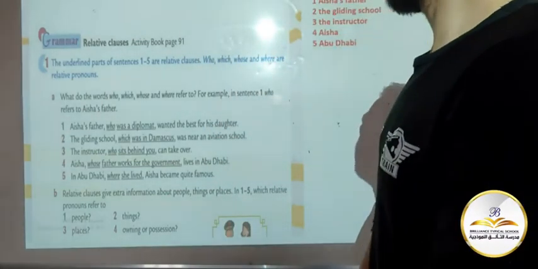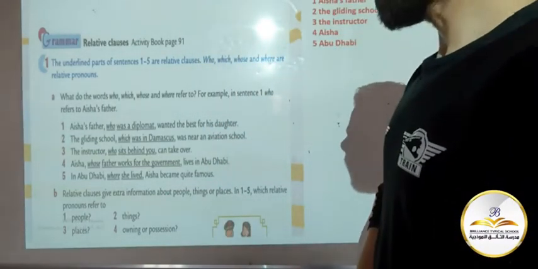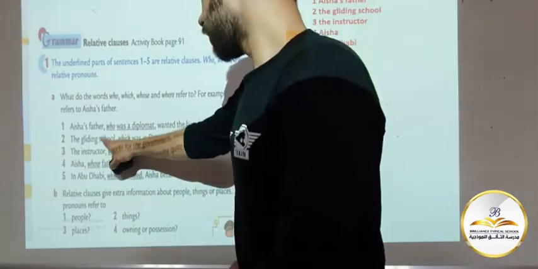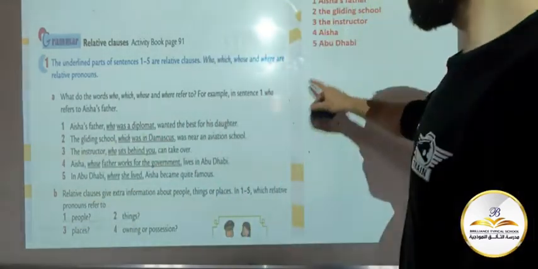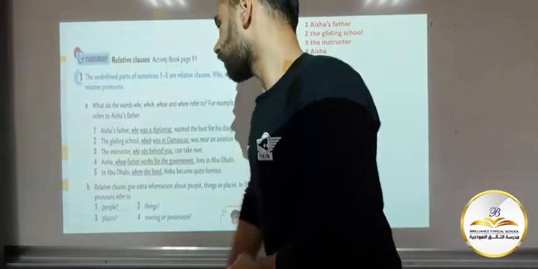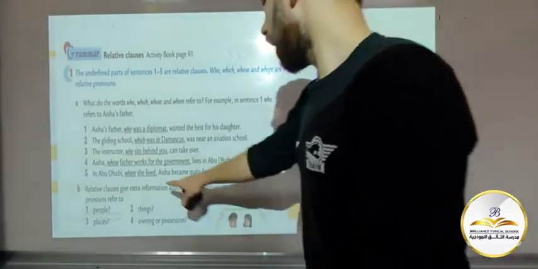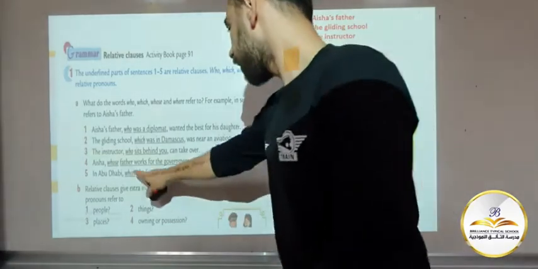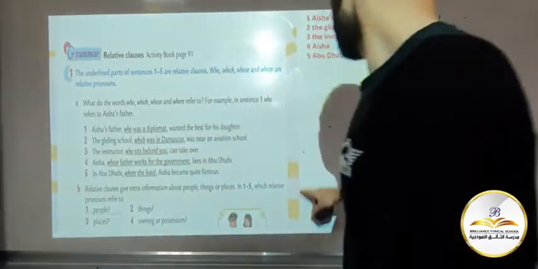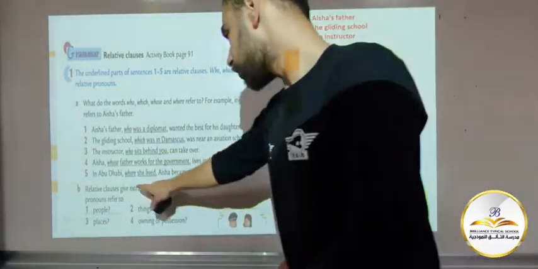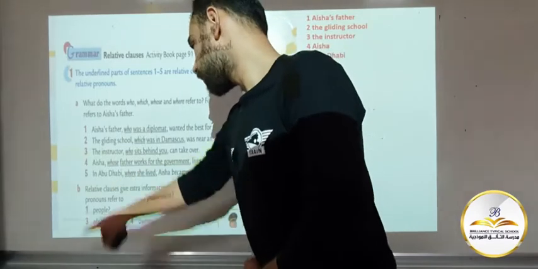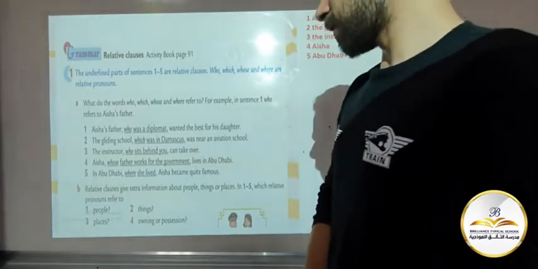Let's take a look at the answers again. We said who refers to Aisha's father, which refers to the gliding school, and who refers to the instructor, and then whose refers to Aisha's father or Aisha, and where refers to a place, which is Abu Dhabi.